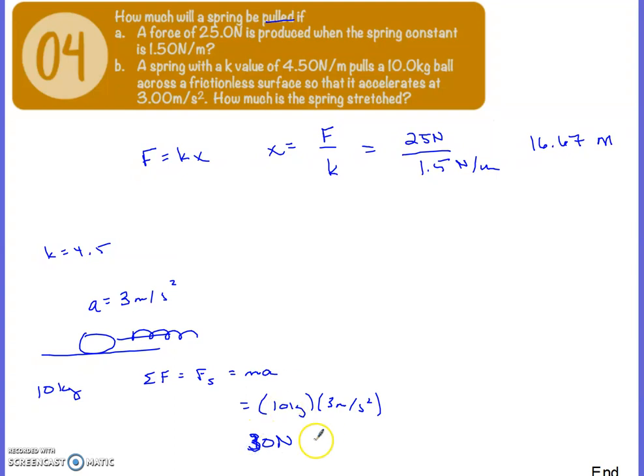So if I want the distance, F over k, that's 30 newtons divided by the k value, 4.5 newtons per meter. 30 divided by 4.5 equals 6.67 meters.